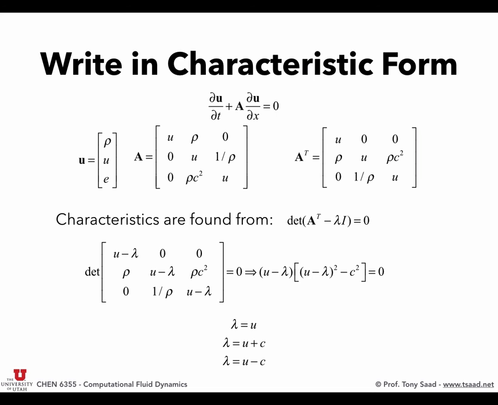What is u? That's the advective motion, the motion of the gas, the motion that you see. But there are two other characteristics, one moving to the left and one moving to the right, u plus c and u minus c. And what are those? That's the speed of sound. So on top of the advective motion, we're moving information at the advective motion plus the speed of sound.